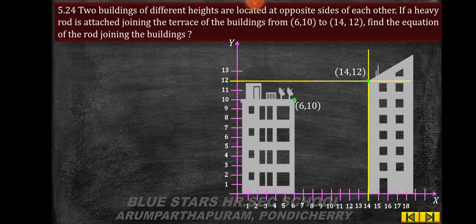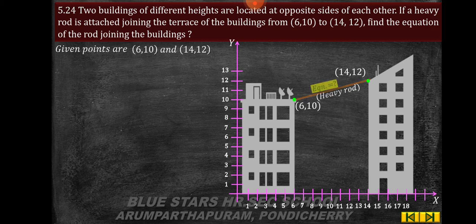This is the terrace of the second building. You just join the 2 points. It is the heavy rod. You are going to attach the terrace of the 2 buildings. So you have to find the equation of the heavy rod.